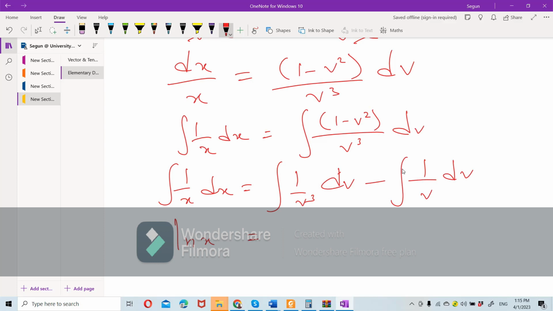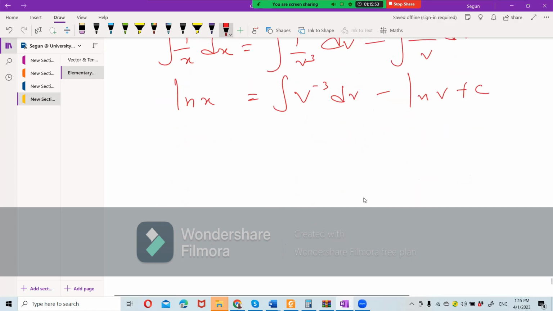we can now integrate this one by saying integral of v raised to power minus 3 dv minus ln v plus c. So if I integrate this, what do I have?